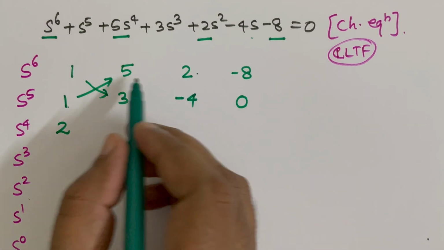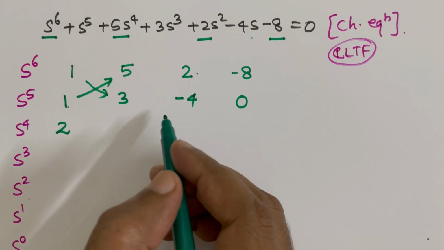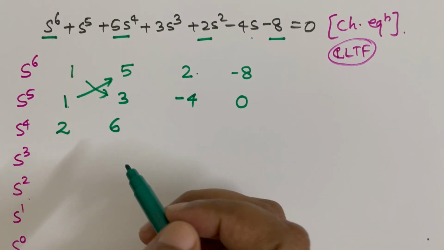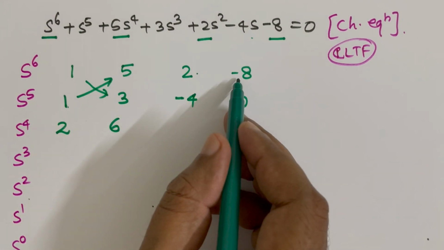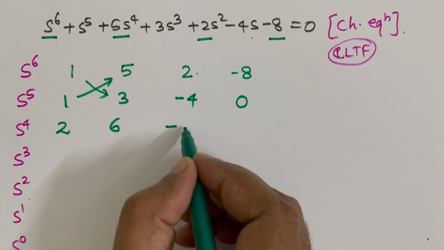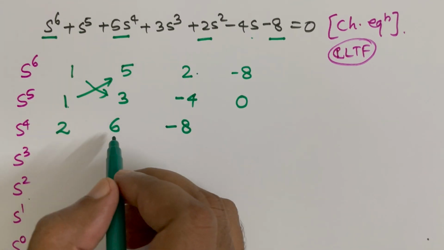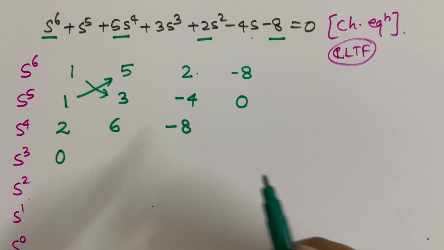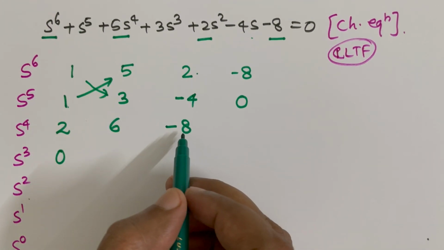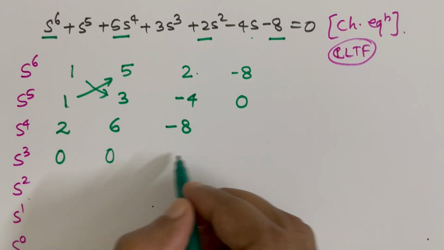Then 1 into 2 plus 4, 6 divided by 1, so this is 6. Then 1 into minus 8, minus 8 minus 0 divided by 1, so it's minus 8. Then 2 into 3, 6 minus 6, it is 0. And 2 into minus 4, minus 8 plus 8, again 0. Then next is 0.